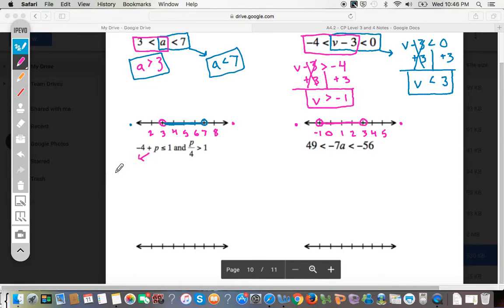So I have negative 4 plus p is less than or equal to 1. I'll solve this. I'll add 4 to both sides. Negative 4 plus 4 cancels, so I have p is less than or equal to 1 plus 4, which is 5.